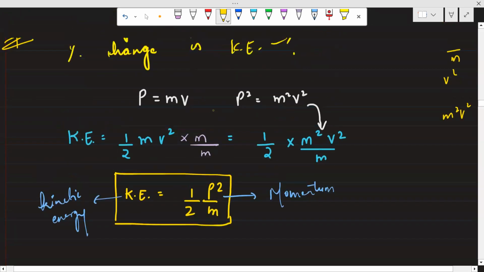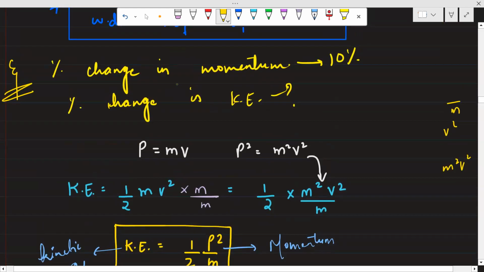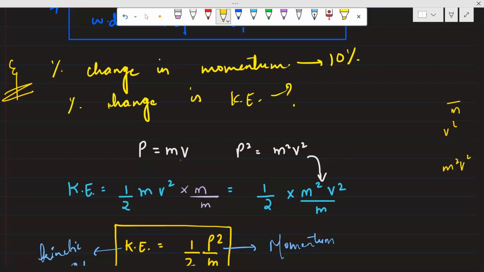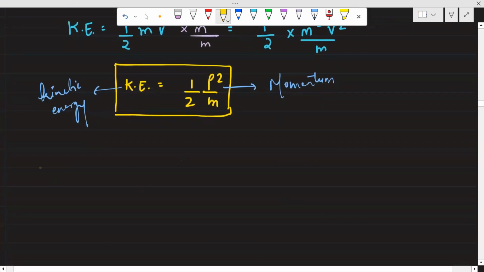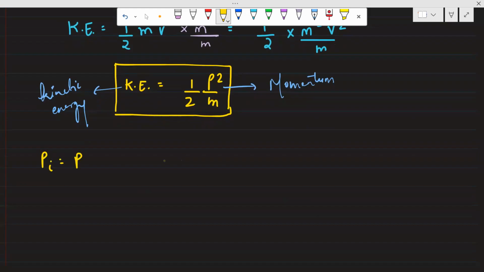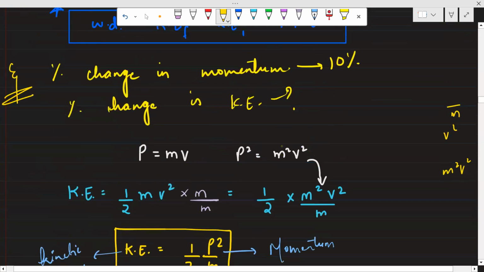Now, there's a question. The question says the percentage change in momentum is 10%. What's the change in kinetic energy? See, let the initial momentum be P. Finally, momentum is increasing by 10%, class.